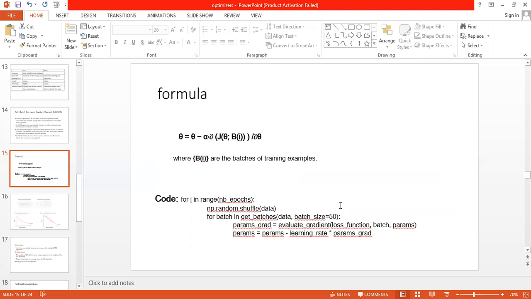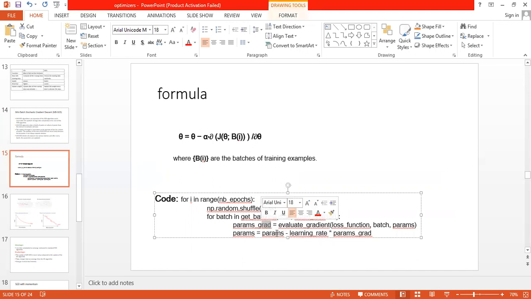We can take any size, but we have to give the value of the batch size here. Similar to the previous algorithms, we are calculating the loss function with respect to the various parameters. We are calculating the gradient, and then the final parameters are updated using the learning rate and the previously calculated gradient value. In this way, we implement mini batch SGD.